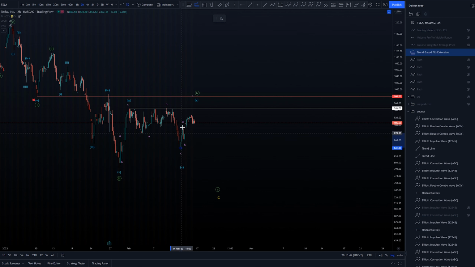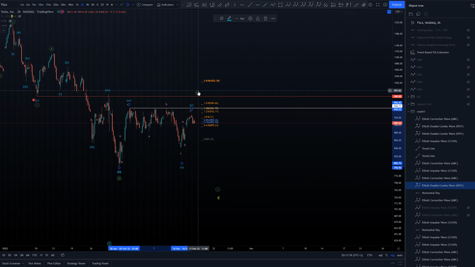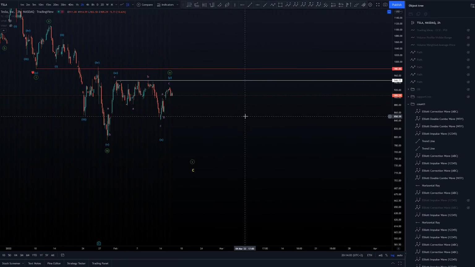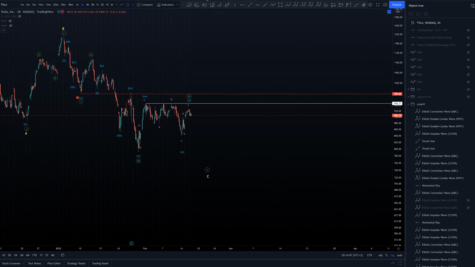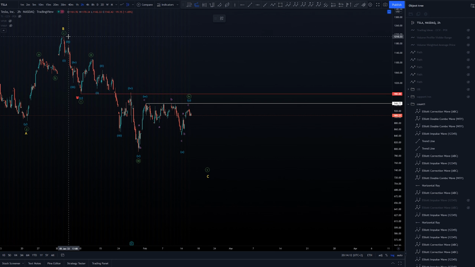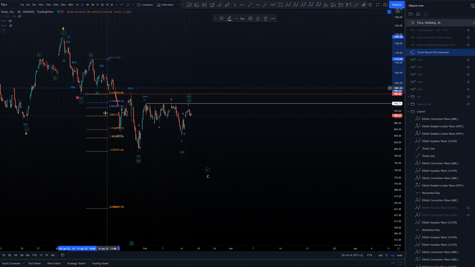Regarding the ABC here itself, it's gone to the 1-to-1, which is the most typical one. So C could definitely end here. It would end Y, it would end 4, and then we would start heading down. The third minute here, I don't think I showed you that one.